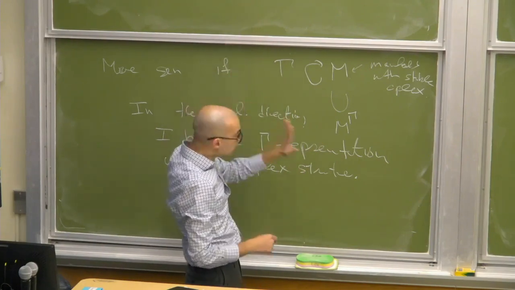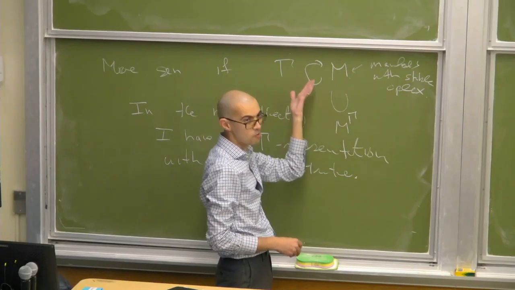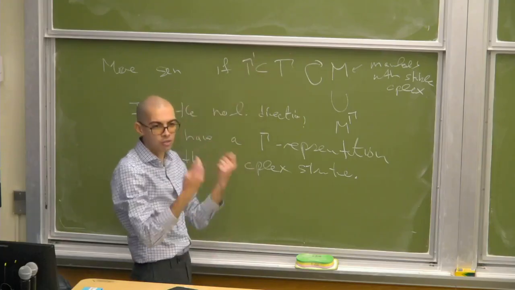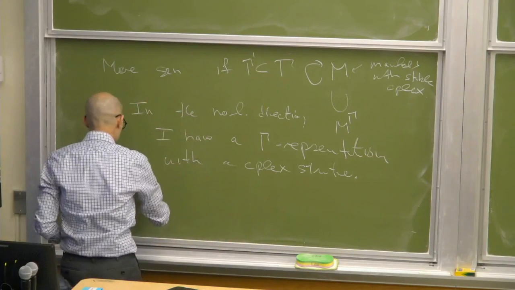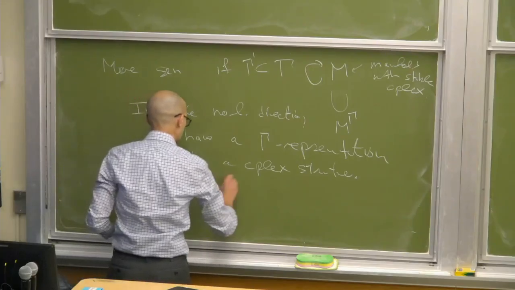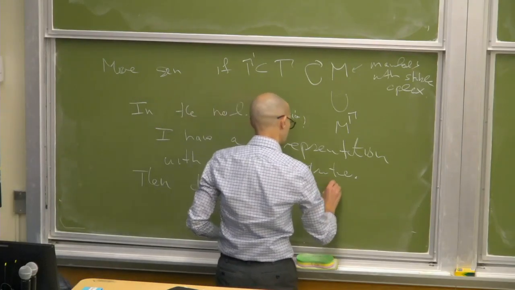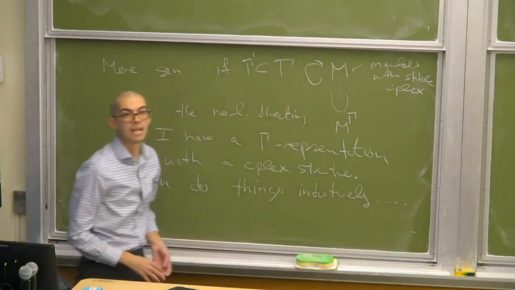Okay? The hard part now is, okay, well, Gamma is a group, so it has some subgroups. Okay? So now you need to do things inductively. Okay.